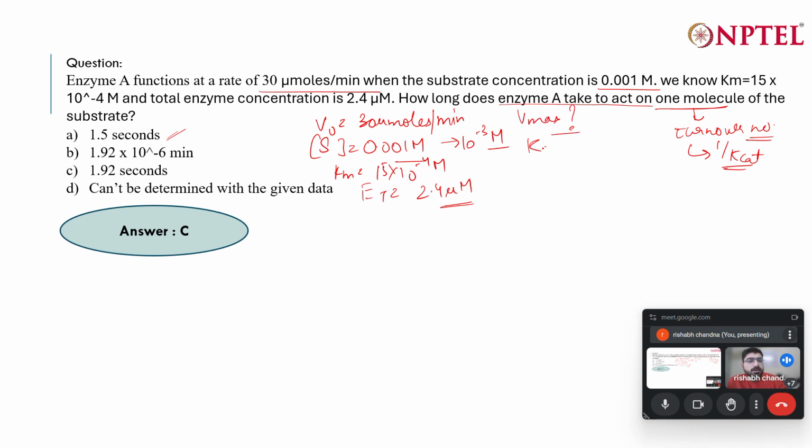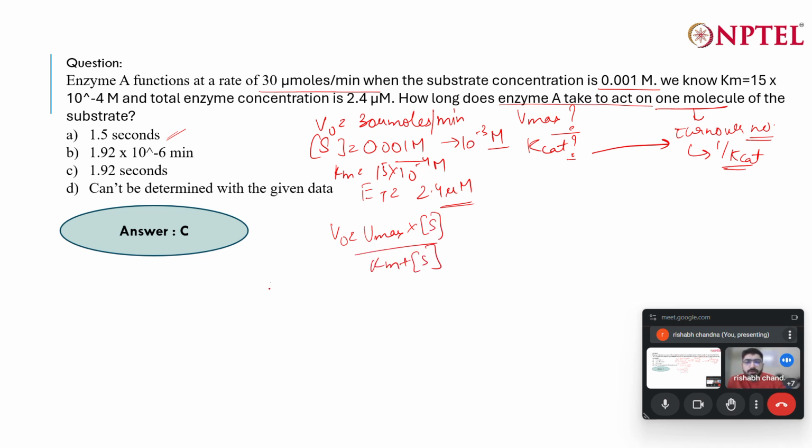Then we'll calculate the kcat, and then we'll calculate the turnover number. For the Vmax, we'll directly apply the Michaelis-Menten equation, which states V naught equals Vmax into S divided by Km plus S.